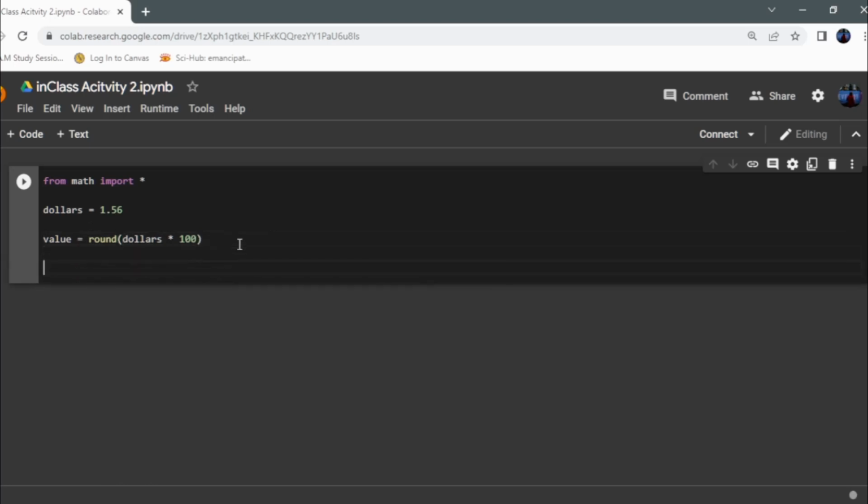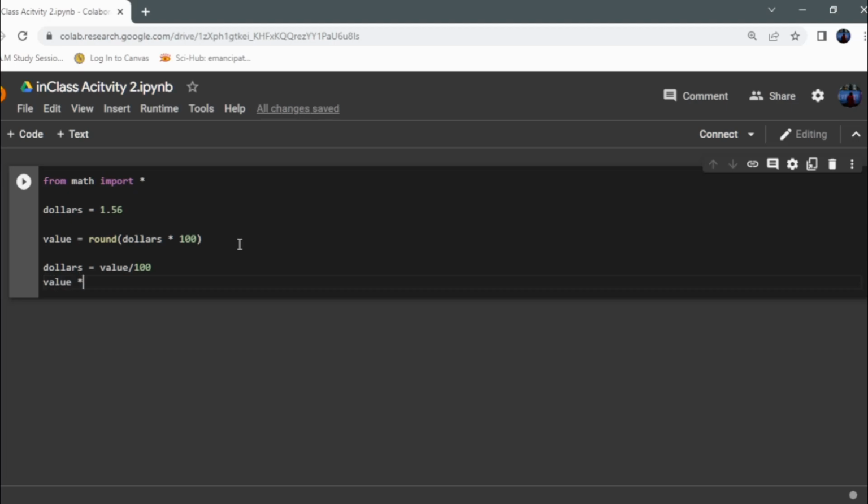So for the dollars, the value of the dollars is divided by 100, which just converts it back. But we need to find the modulus, or how much of the dollars. So we have value equals to the value modulo the dollars.